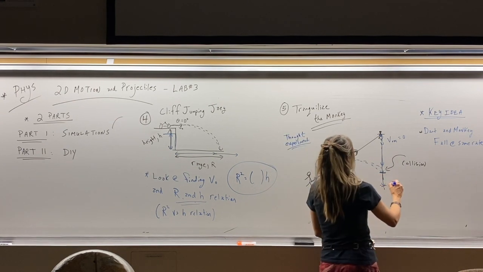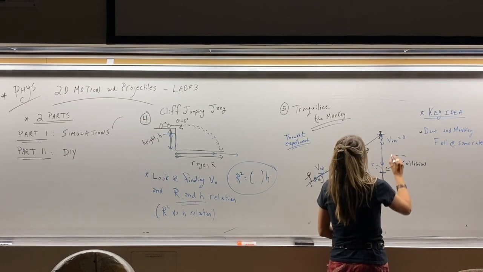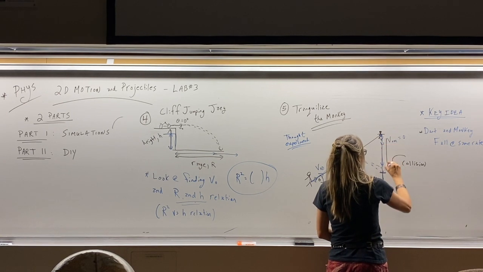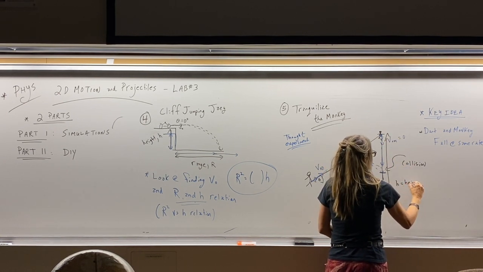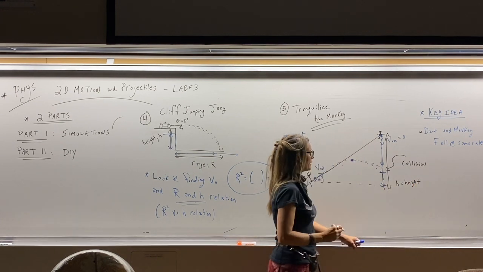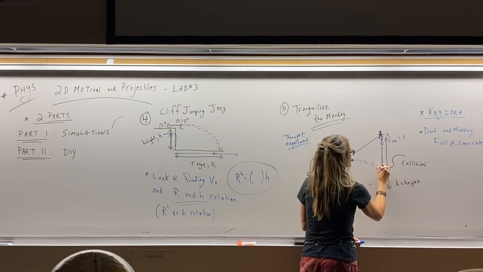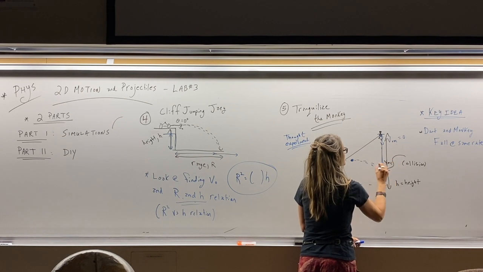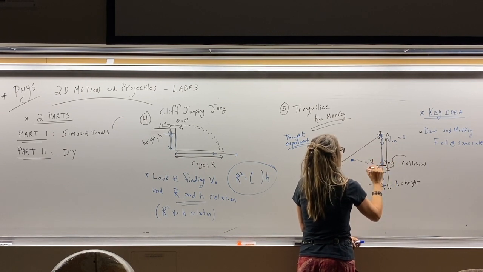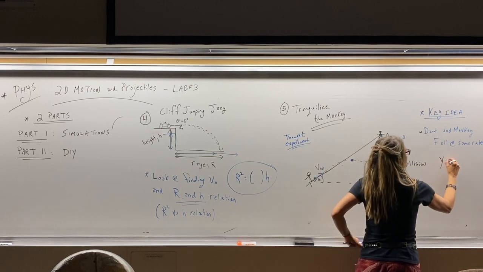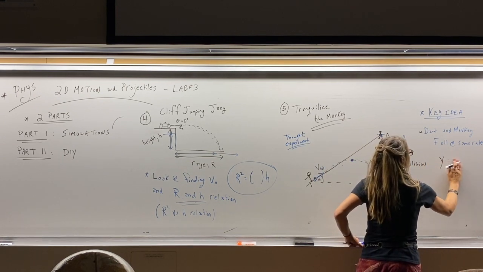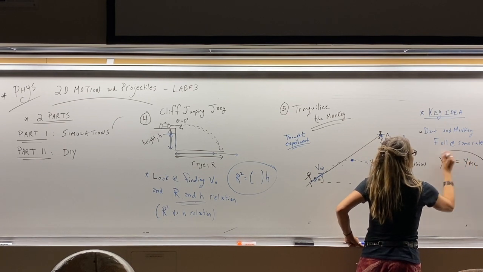So if we label this height as the position of the monkey above the ground, and we call this Y monkey collision and Y dart collision, we want the position of the dart collision to equal the position of the monkey collision.